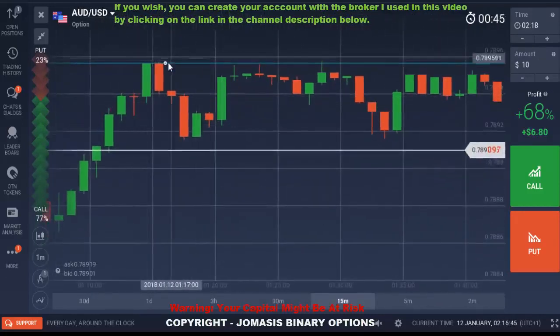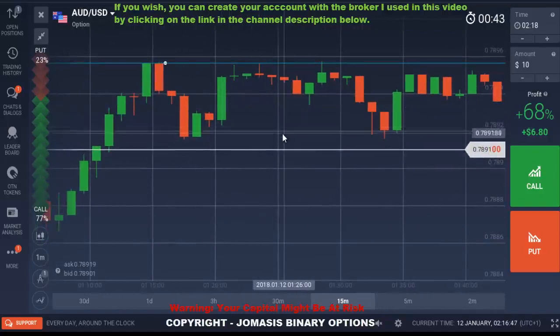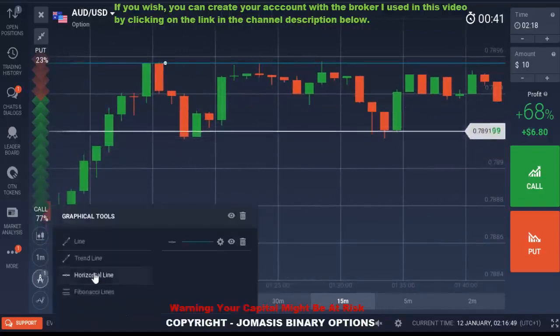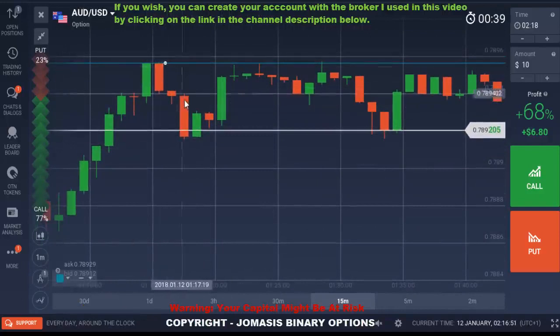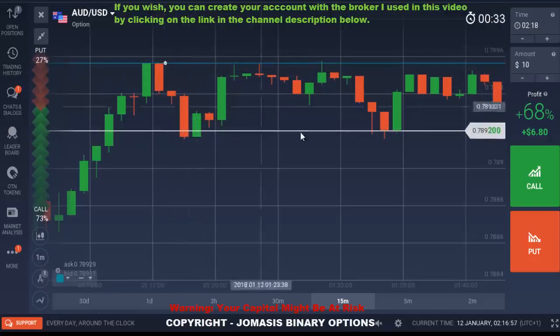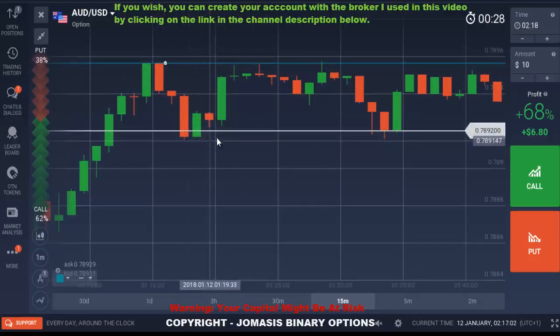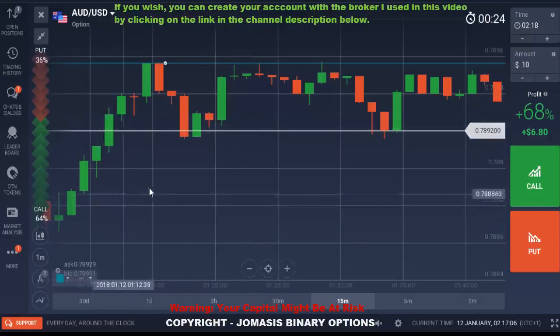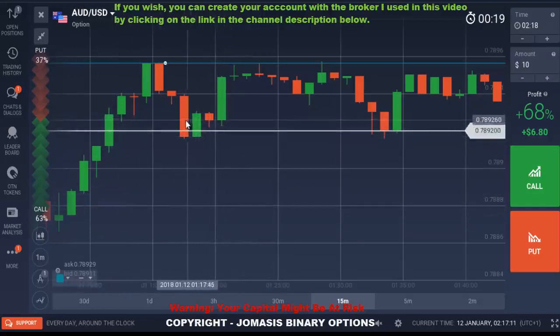So as we have our resistance, we can draw our support line here. Let's draw this support line. As you can see, the market was coming down here, and it reversed from here. So let me give you this simple trick before you start drawing your support level. As you can see, I have already gone back to the previous market. What I usually do is go back to the previous market and look at the chart.